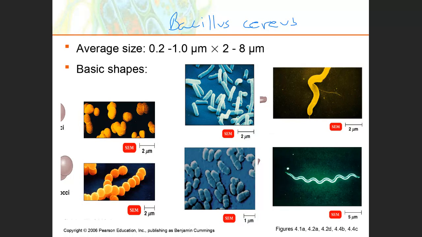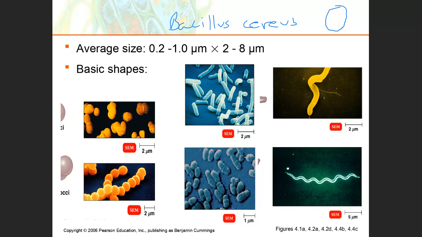Now, some rods are nice and long, so they're very obviously rods. Some other rods are actually short and fat, and so that does create a problem, because if you're looking at an organism that's shaped like this, it could be a coccus.